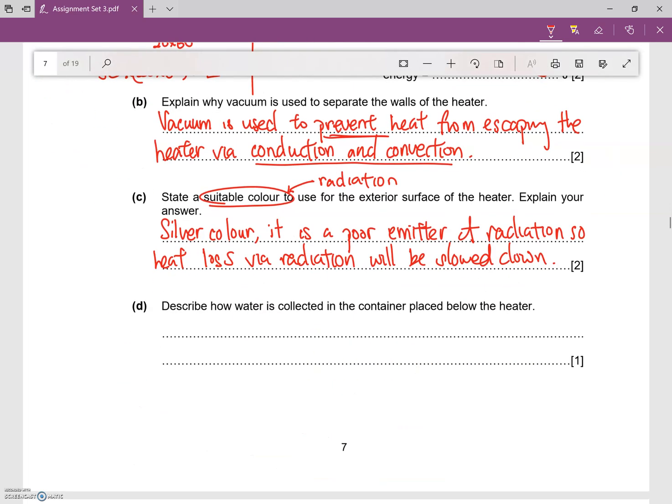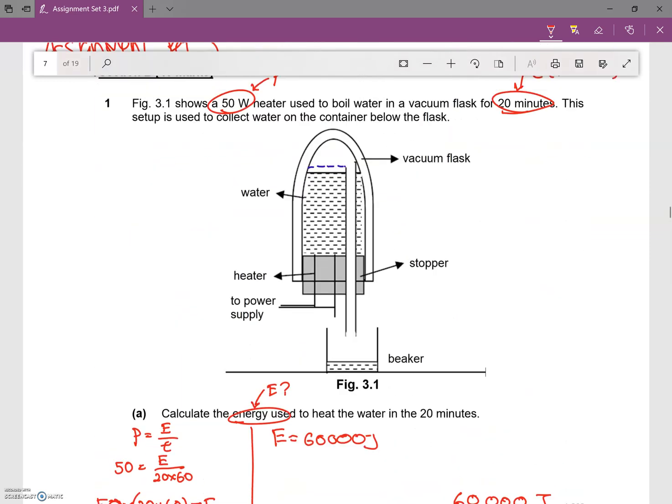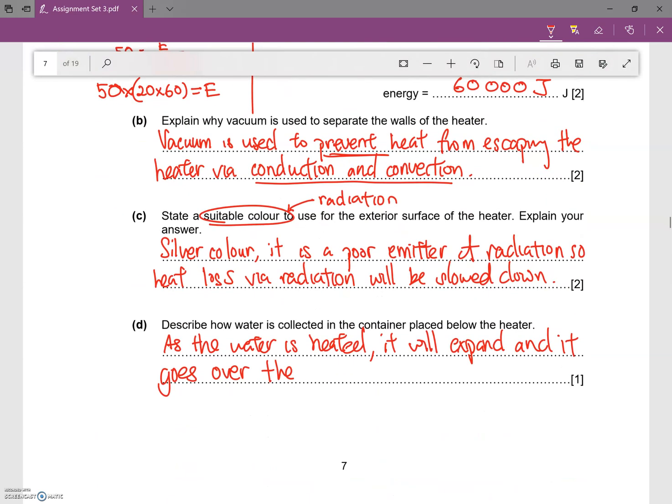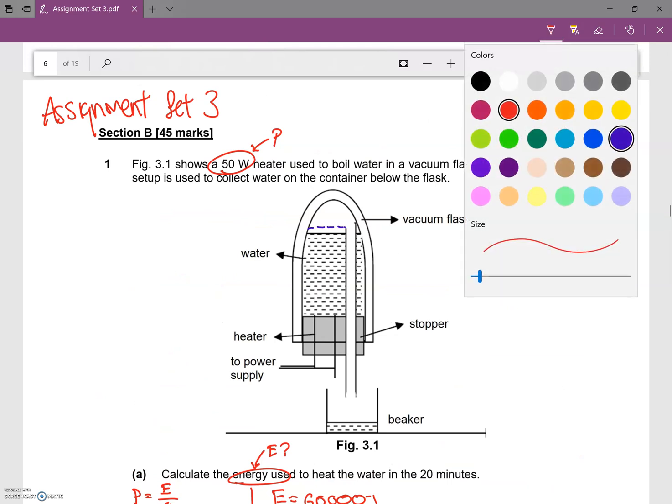So, describe how water is collected. As the water is heated, it will expand, and when it goes over the maximum height, let's call it that, you can actually label your diagram and put here, then label it as maximum height.